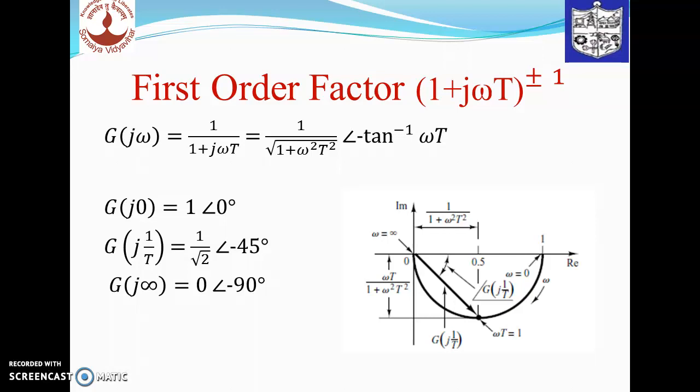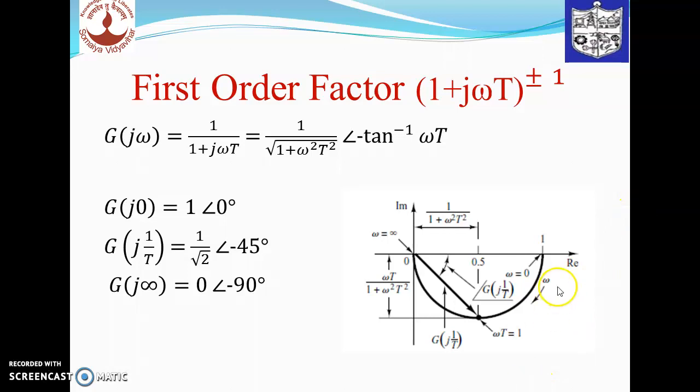So the magnitude is 1 upon square root of 1 plus ω squared T squared, and the angle is minus tan inverse ωT because it's a pole. When omega equal to 0, the magnitude is 1 and angle is 0. When omega equal to infinity, the magnitude is 0 and the angle is minus 90.